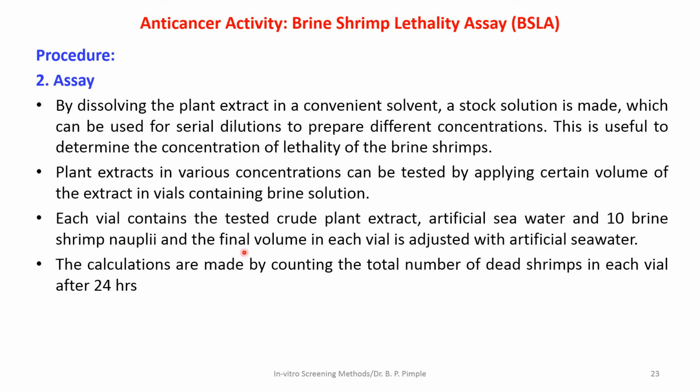And the final volume of the test tube should be made up with artificial seawater. The calculation, that means the death of the brine shrimps, is done after 24 hours. That means the test tube is maintained in such a condition for a minimum of 24 hours, and then the death rate is calculated.